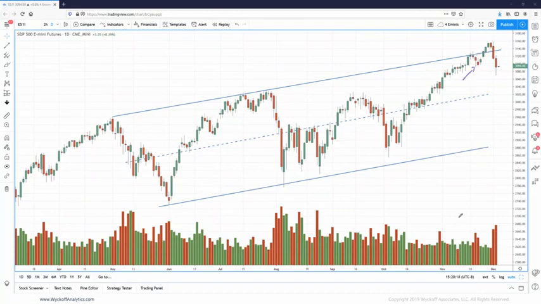This bar right here had an increase of supply that was suggestive of some kind of potential stop in action and maybe some kind of reaction.